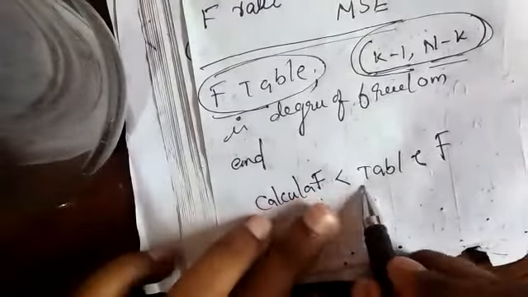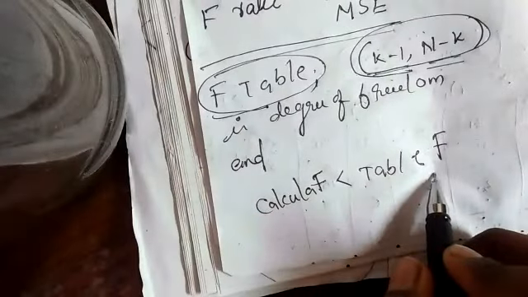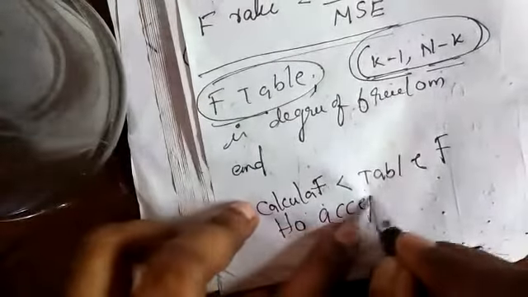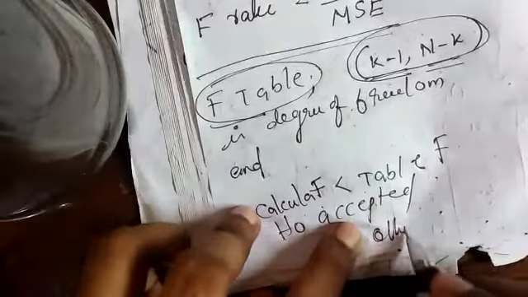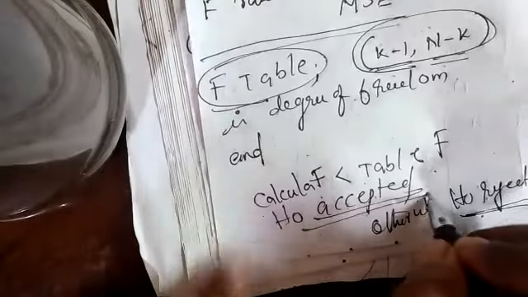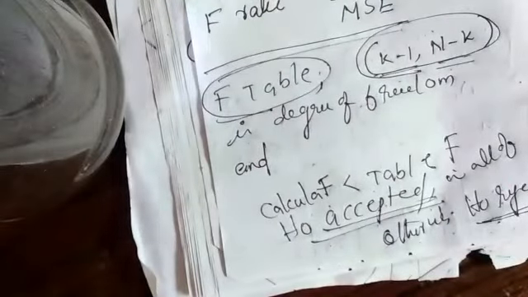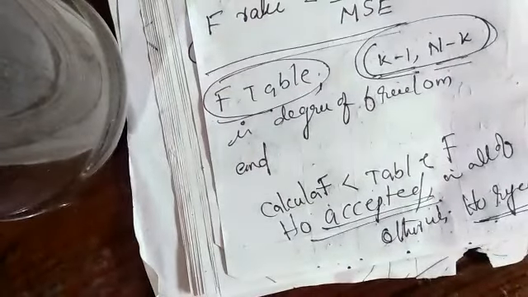If calculated F value is less than the table value, we conclude that H naught is accepted. Otherwise, H naught is rejected. H naught accepted means all of the samples have the same mean. Otherwise, all of the samples have different means.